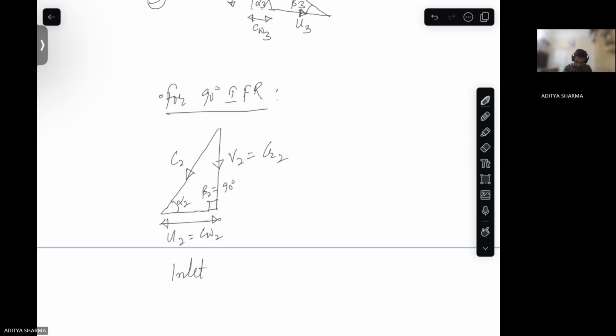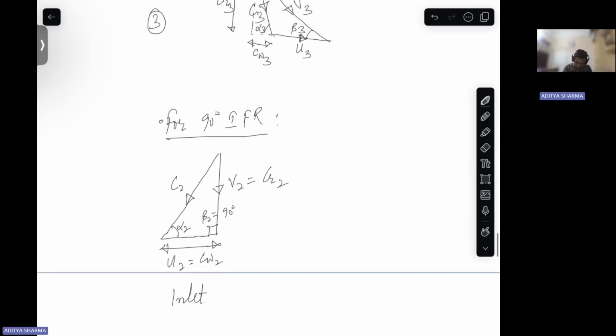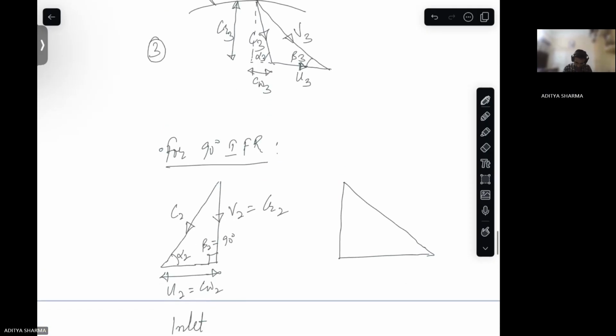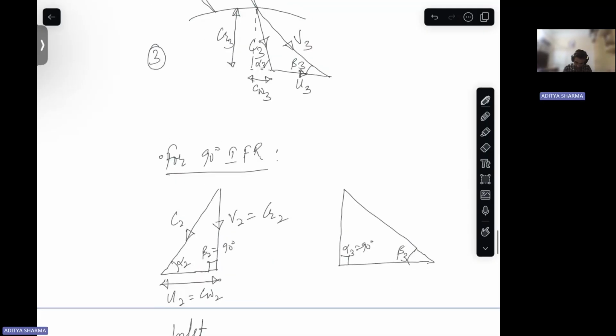Okay. And then at outlet, you have this is like this. Alpha 3 is equal to 90 degrees. You have beta 3. You have C3. C3 is equal to CR3.